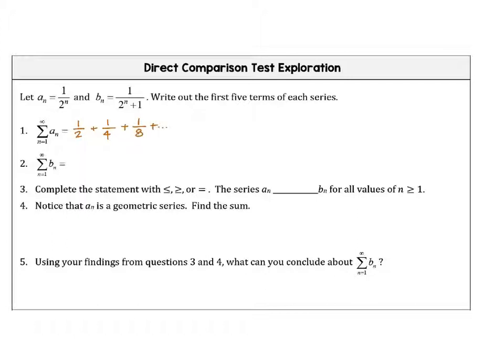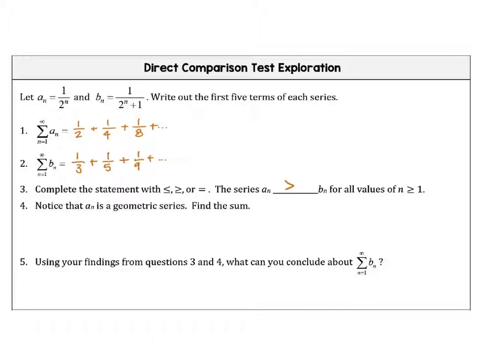And then we have our next series, series B, that's going to be 1/3 plus 1/5 plus 1/9 and so on. And so here we can compare now our two series, and we see that A sub n is certainly greater than B sub n.